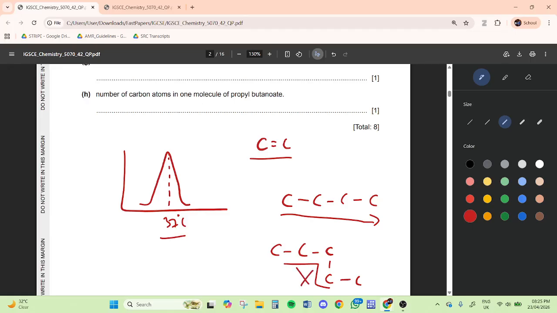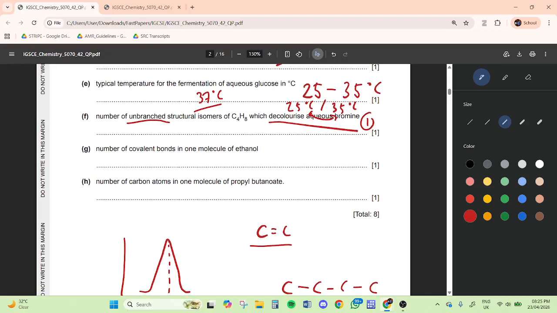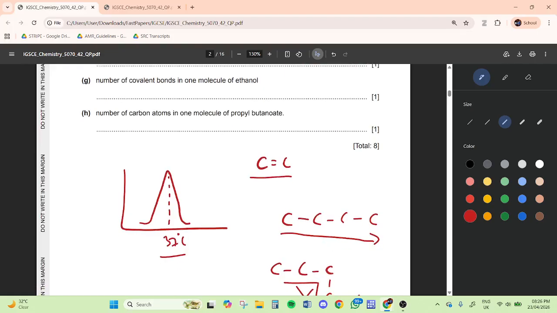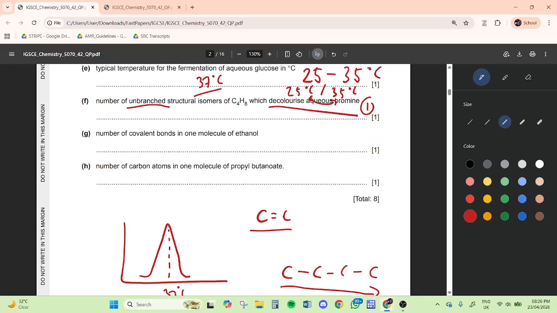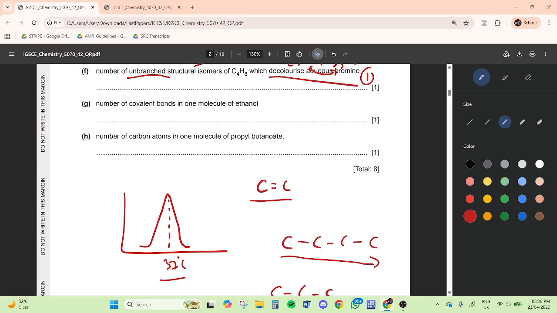So that's not what they're looking for. The question is looking for unbranched structural isomers of C4H8 which decolorize aqueous bromine. So your two criteria are that it needs to have the carbon-carbon double bond and needs to be within a straight line.